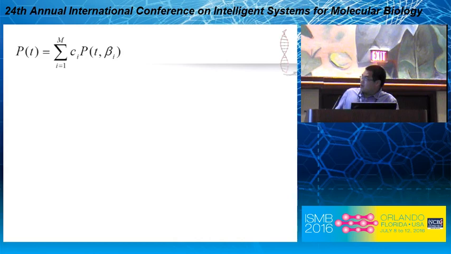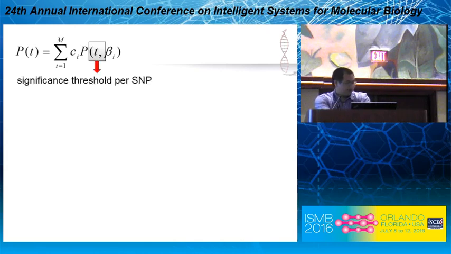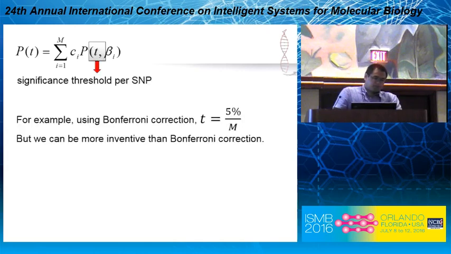We have just replaced 1 over m with c_i, but we still have this t to play around with. t is the significance threshold per SNP. For example, traditionally, if you want to control the false positive rate, you would use t to be 5% divided by m, where m is the number of SNPs. I'm using 5% because it's simple, but you don't need to use 5%.